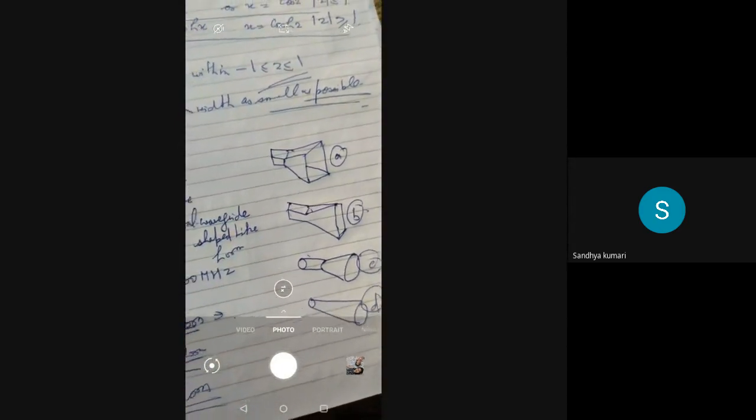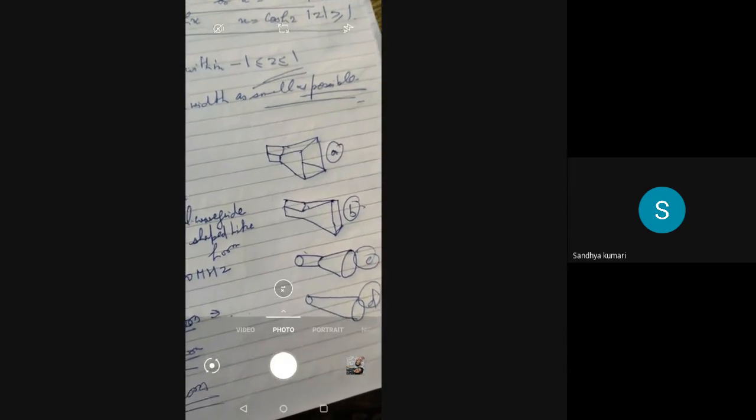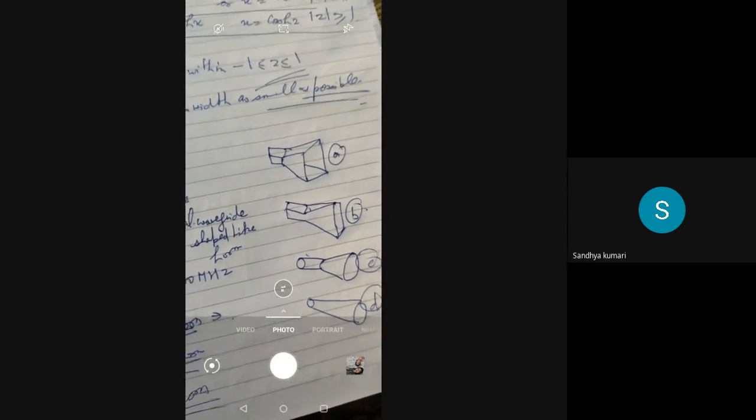This depends upon the construction of the horn antenna. So we have discussed the advantages of the horn antenna, the shapes of the different types, and how it differs from other antennas. So this is about the horn antenna.